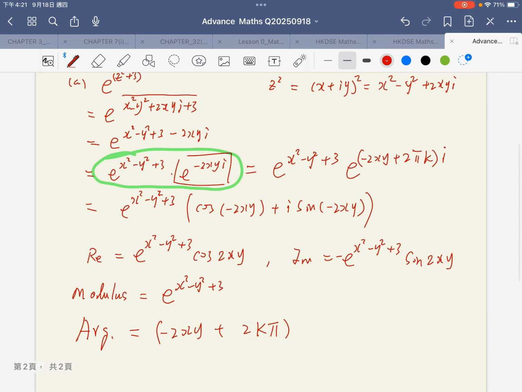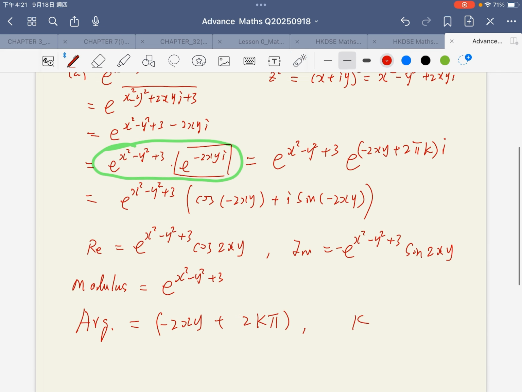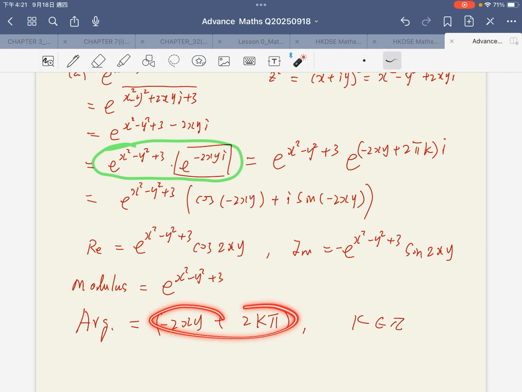If you mention the principal argument, you only take this one, but otherwise you have to mention the argument plus 2k pi, where k is any integer. Okay, so crazy.